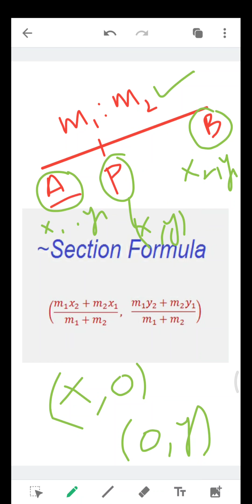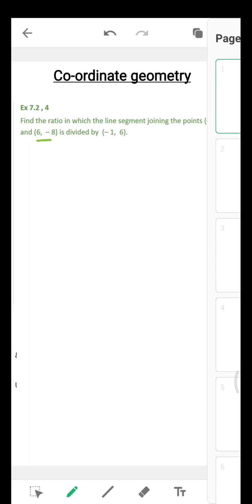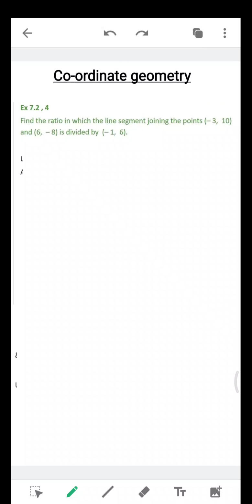The points A and B are given, and P is given. So we have to find the ratio here. Whenever this type of question comes, you should begin it in this way.